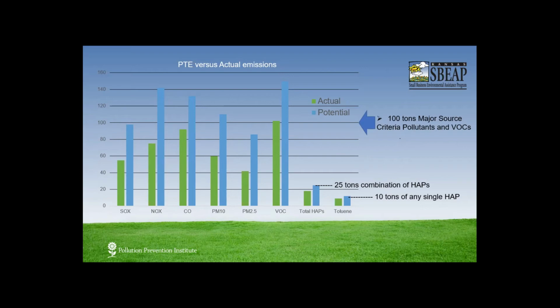In this chart example, we can see that the facility has major source PTE for NOx, CO, PM10, VOC, as well as for a single HAP, toluene, and combinations of HAPs. In this chart, the facility's actual VOC emissions are at 102 tons per year. Therefore, on an actual emission basis, as well as the PTE, the source is major for VOCs.